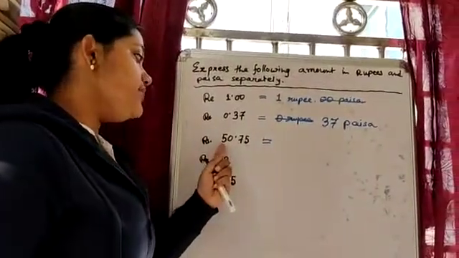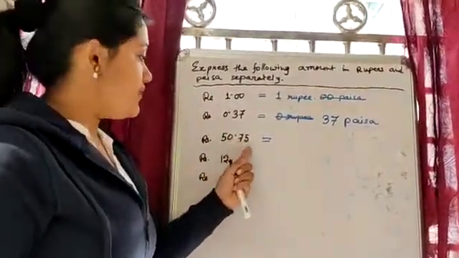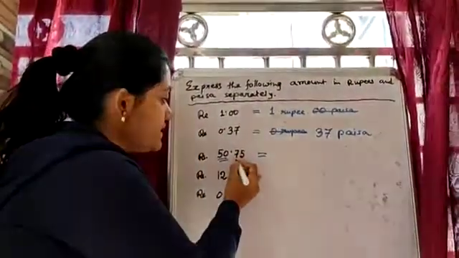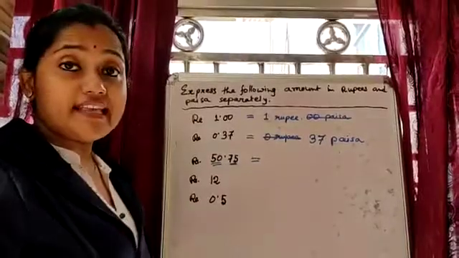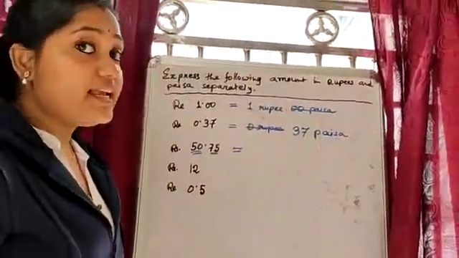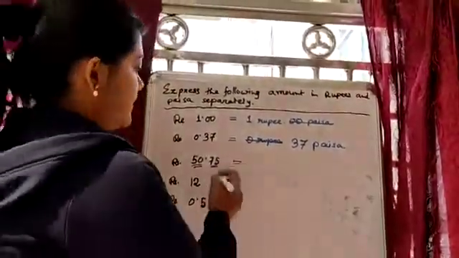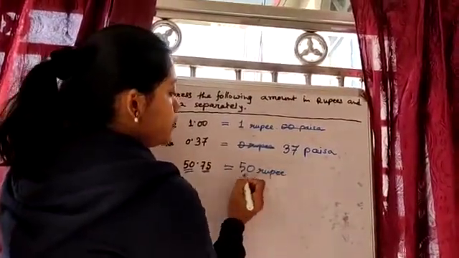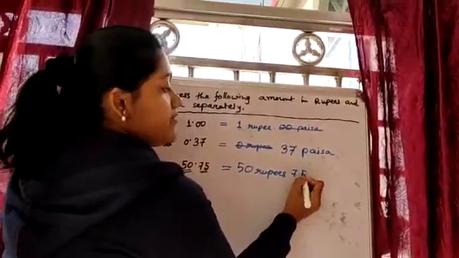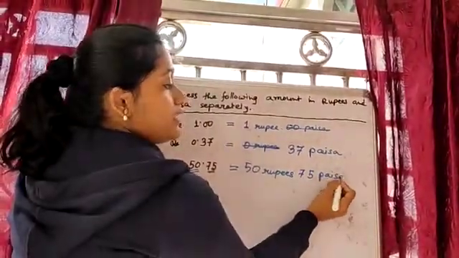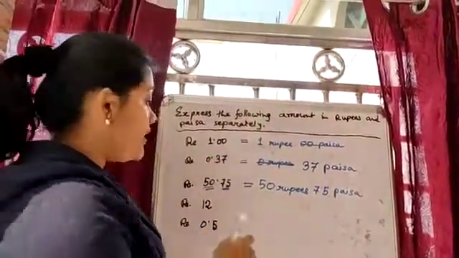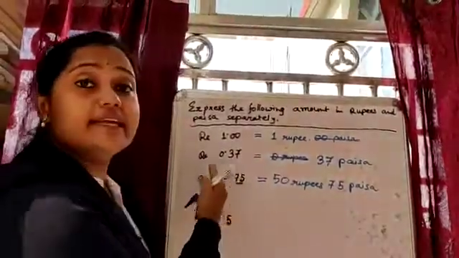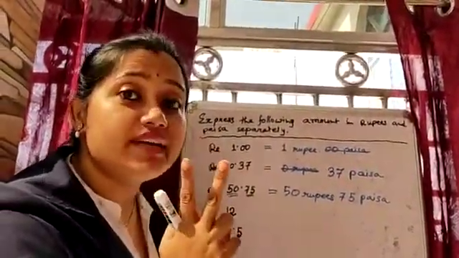Now the next one, you check it. There it is given 50.75. So 50 will be in rupees and 0.75 will be in paisa. That is 50 rupees 75 paisa. So after the decimal point, 2 digits should be taken.